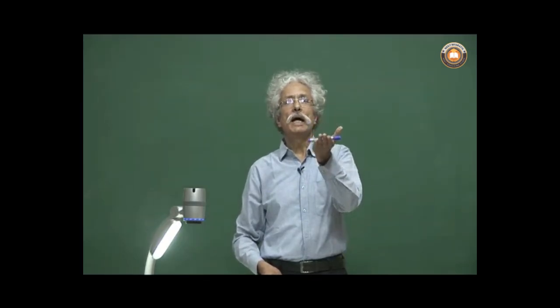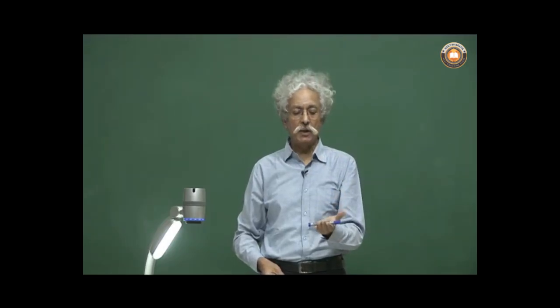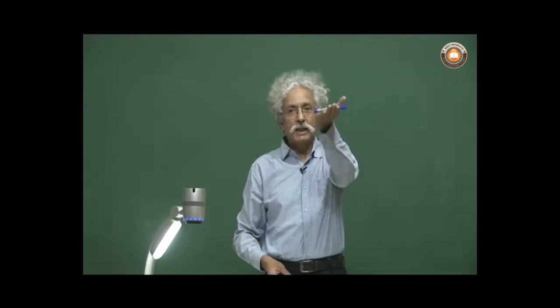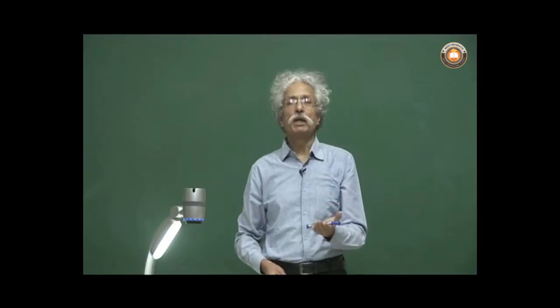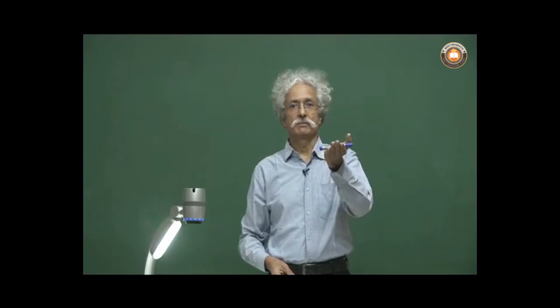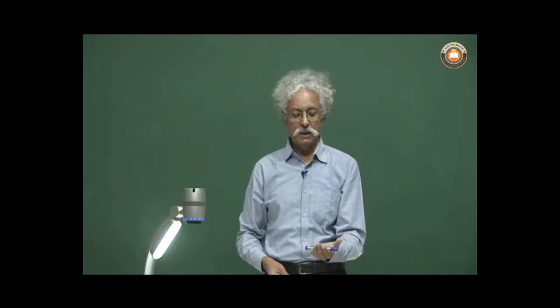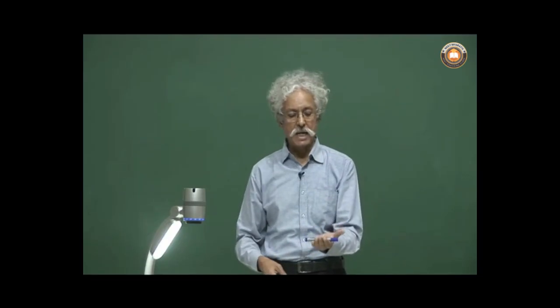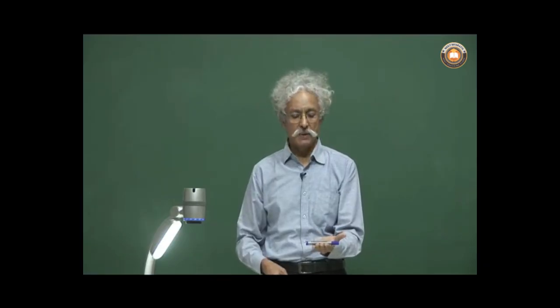And so, I have to do work to move the object from a certain height to a larger height, which means that the work which I am doing actually gets stored in the form of a potential energy of the object.